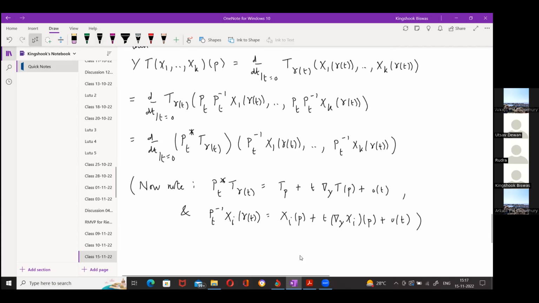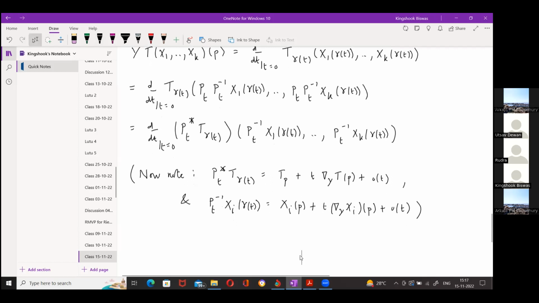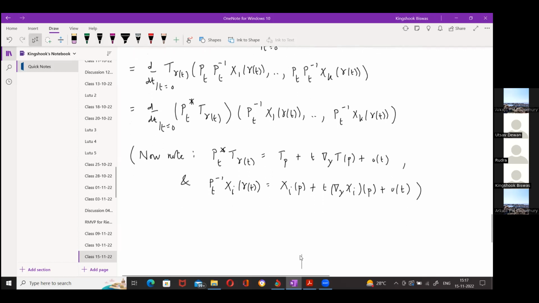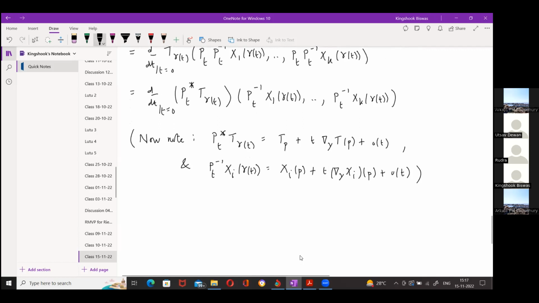Now, I just substitute these expressions for P_t star T at gamma(t) and P_t inverse of Xi gamma(t) in here, and then I expand by multilinearity. All right. So what will I get?